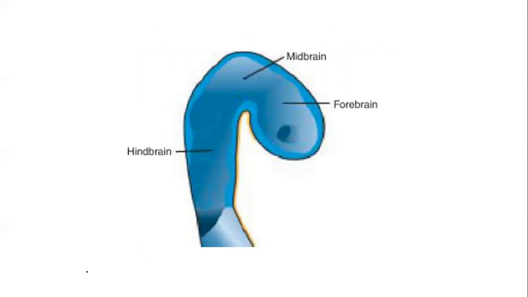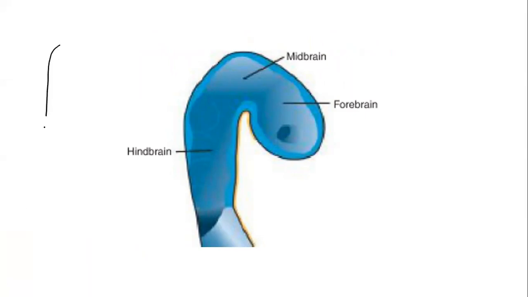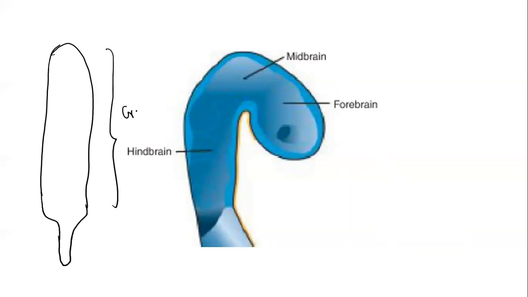Once the anterior and posterior neuropores close, the neural tube is formed. This closed neural tube gives rise to CNS structures. The cranial aspect of the neural tube gives rise to the brain, and the caudal aspect gives rise to the spinal cord.